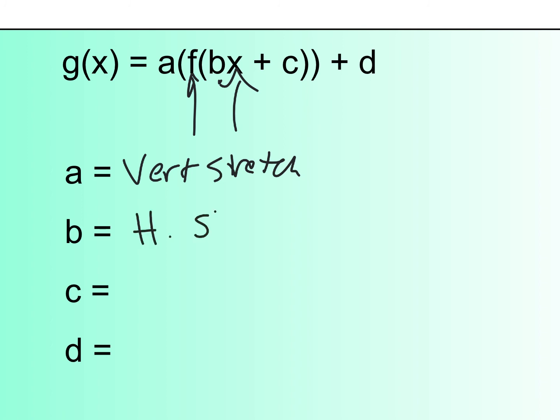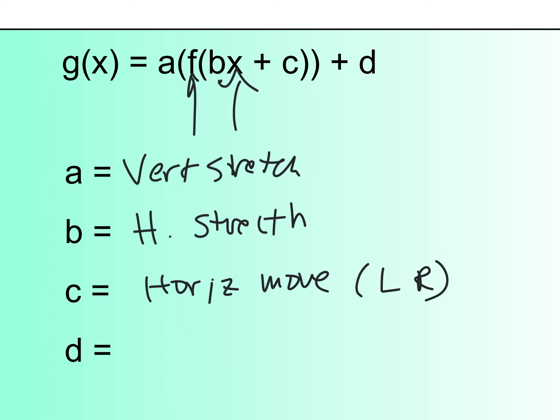And I'm saying stretch, but do you get these could be shrinks if you make them fractions? All right. C is a horizontal move, as in left, right. And D are vertical, as in up, down. Any questions on those?